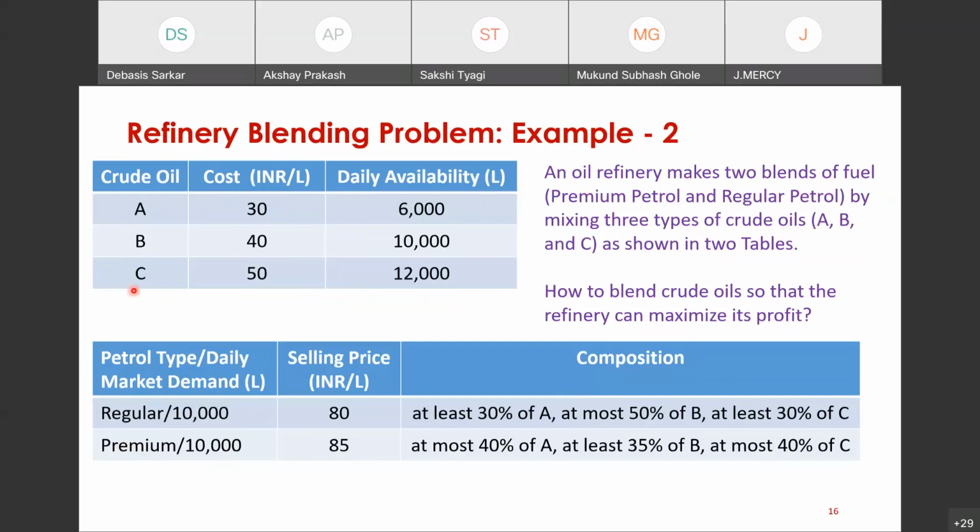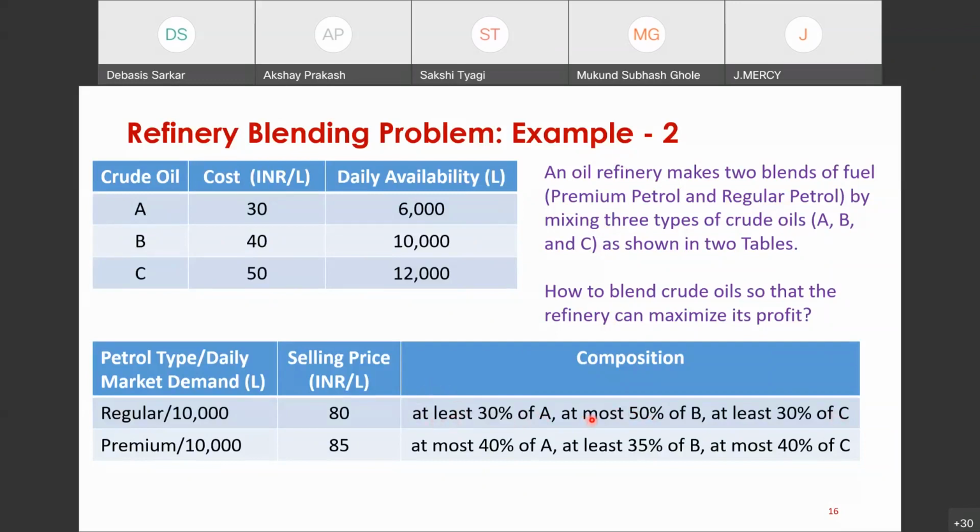Now, the regular petrol composition is at least 30% A, at most 50% B, and at least 30% C. So these qualifiers are important.